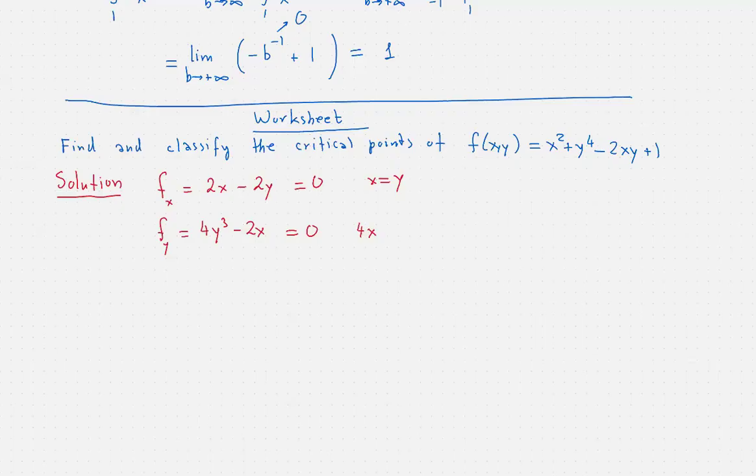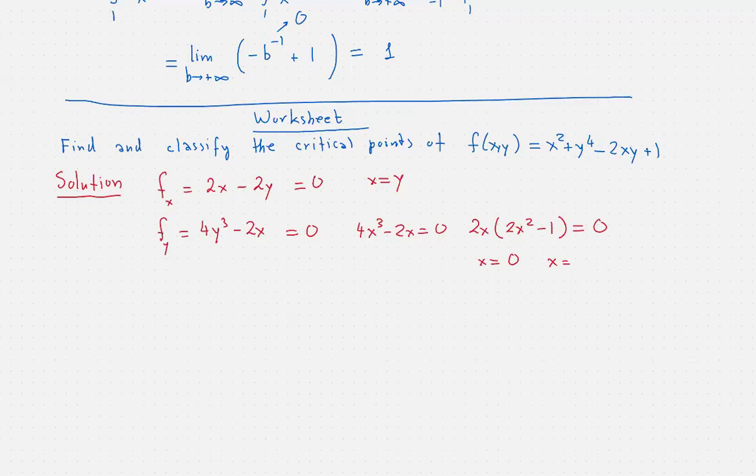And if we factorize 2x, that will give us 2x times (2x squared minus 1) equals 0. So overall, we're going to get x is equal to 0, x is equal to 1 over square root of 2, and x is equal to negative 1 over square root of 2.